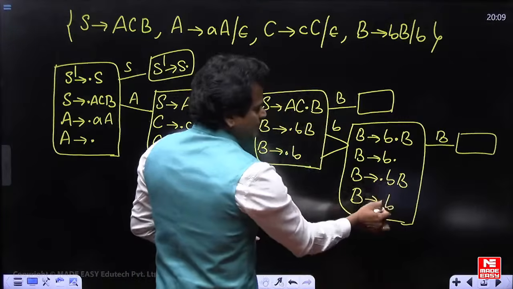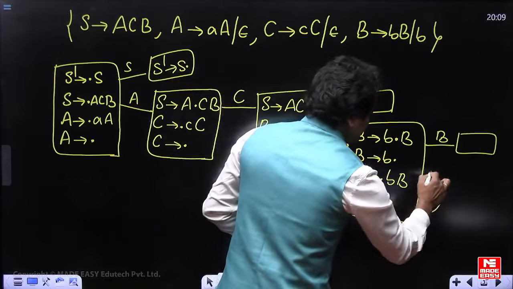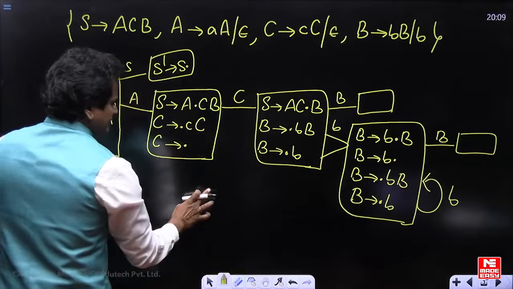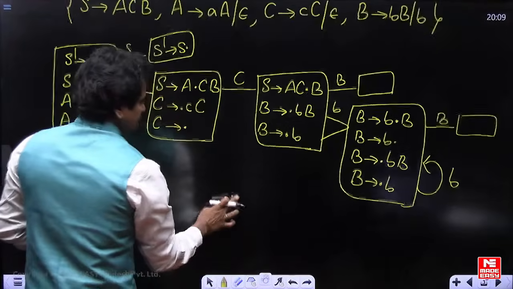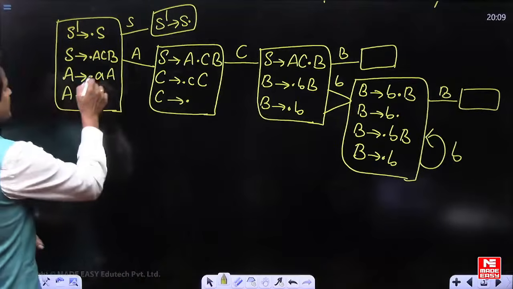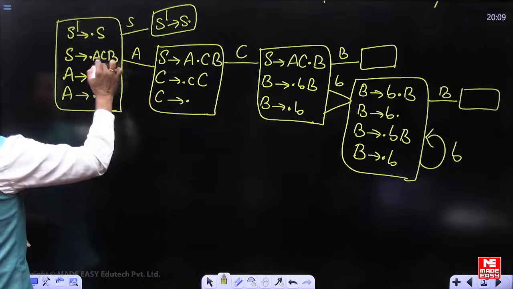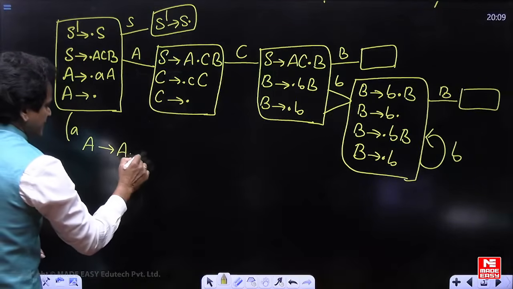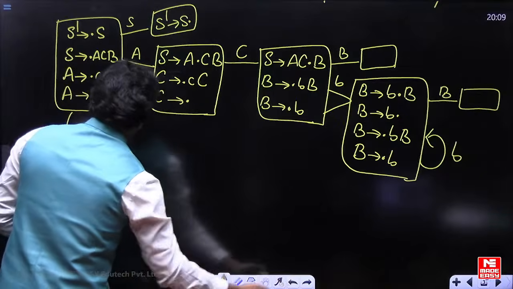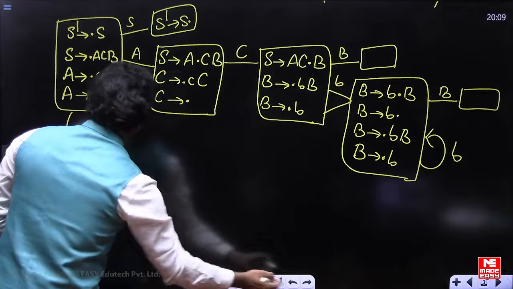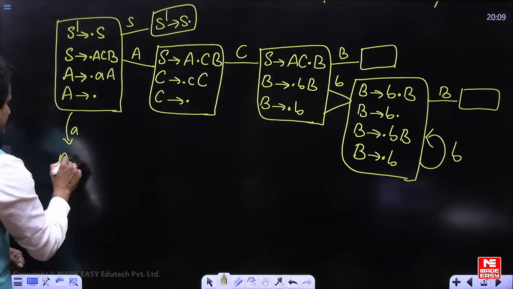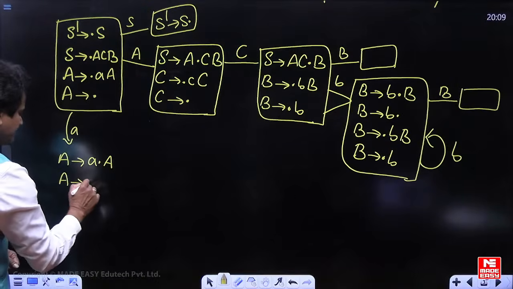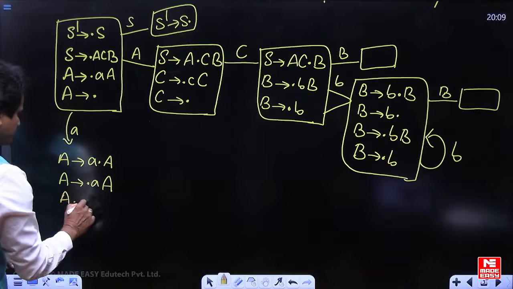On small b, if you write the go to, we get the same, so this is completed. Now if you write the go to on S, completed; on A, completed; on small a, A derives a dot A. Dot before a non-terminal, we must add its productions, it has two productions, AA and epsilon, so we get this.